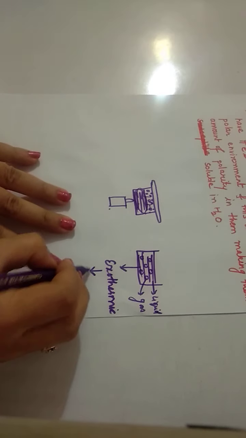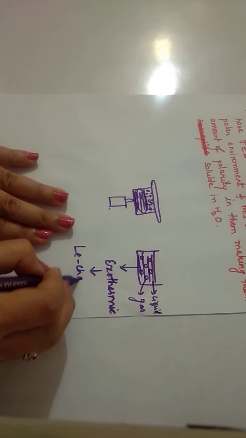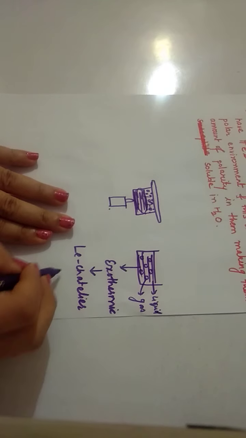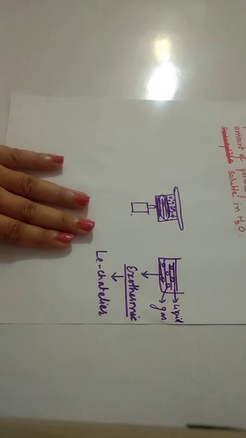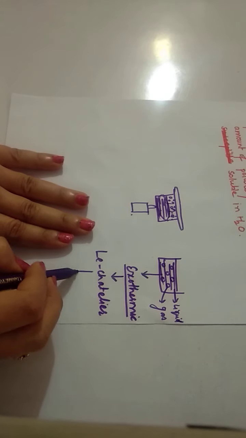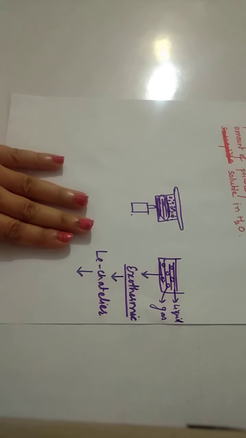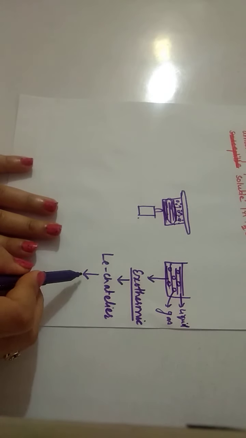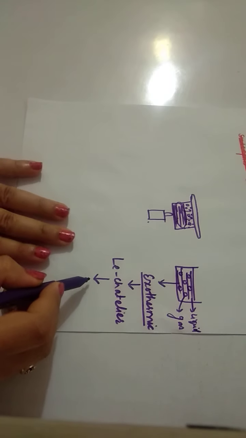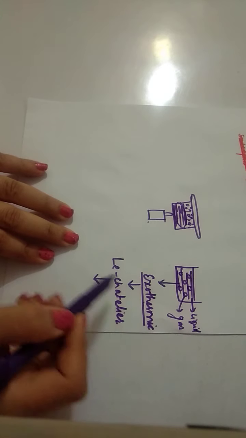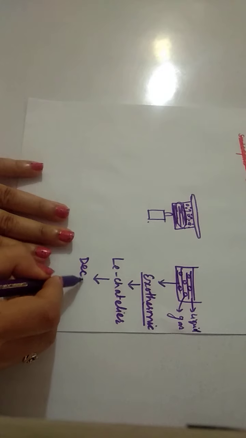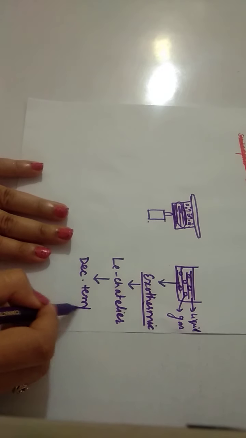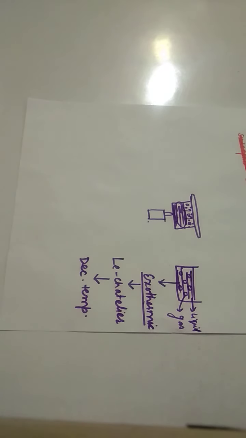And due to Le Chatelier's principle, when the reaction is exothermic in nature, when will the solubility of gas be favored? The solubility of gas will be favored when the temperature is opposite of this, that is, it will be favored on decreasing the temperature according to Le Chatelier's principle.